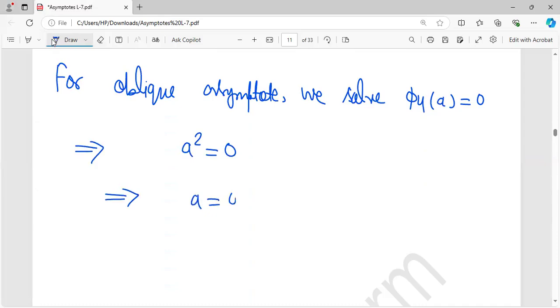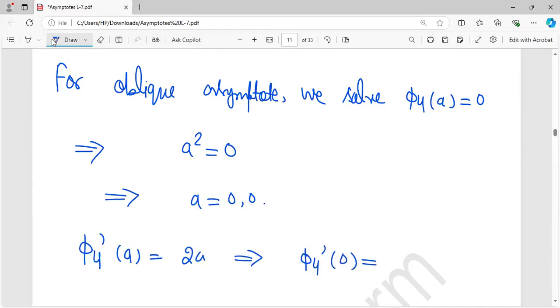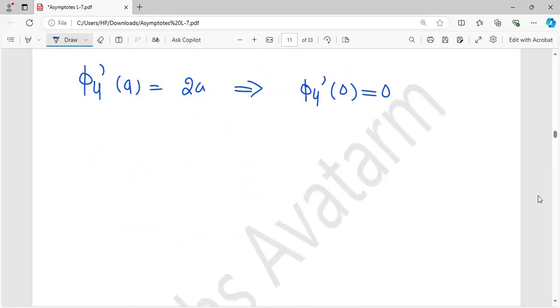So a is 0. Okay. So what is phi 4 dash a? That is 2a. This implies phi 4 dash at 0 is actually 0. So to calculate the value of b, we need this. So the values of b will be calculated by this formula.